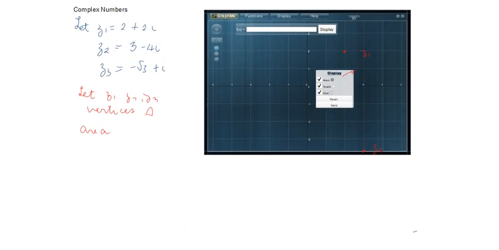I can simply remove this graph, but it doesn't change the display. Anyway, let's just leave it at that. So negative 1.73 is around 2 and then 1. It doesn't write.